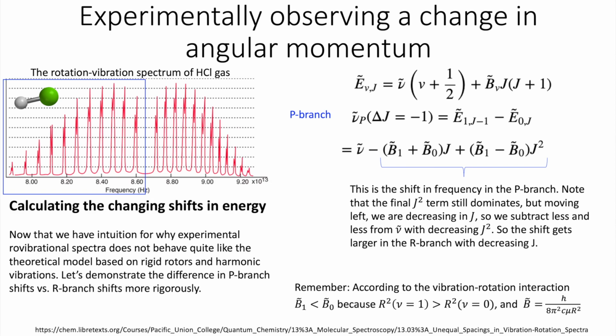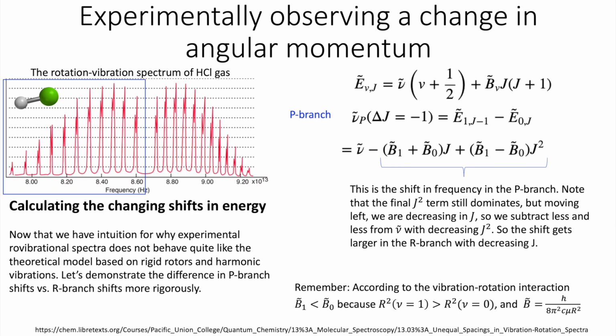So that's the same. But if we're talking about going to the left now, we're talking about decreasing in J. Because remember, when that photon gets absorbed, the angular momentum due to the spin of the photon can either increase or decrease the rotational angular momentum of the molecule that's absorbing it.